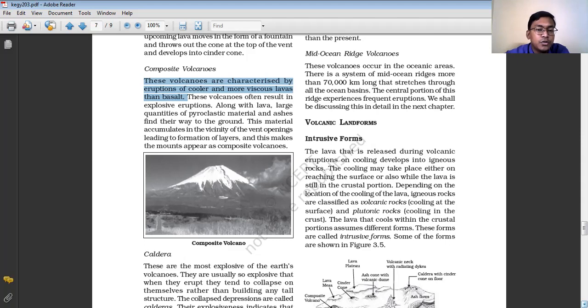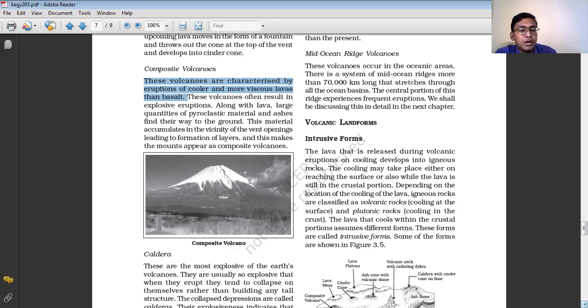It gets deposited and accumulated near the vent only. Near the vent means near the opening only. Because of this, it leads to the formation of different layers, and this makes the top appear as a composite volcano, layer after layer.